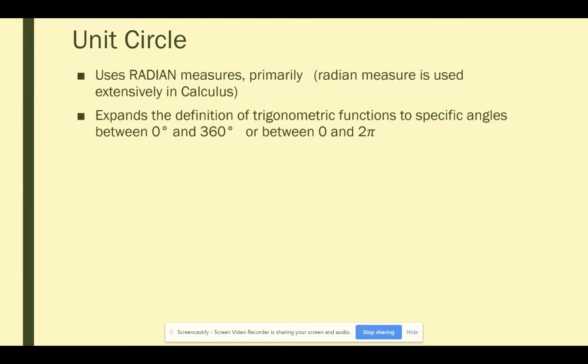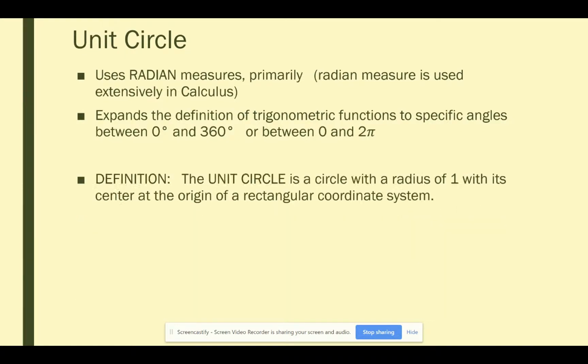One of the benefits of the unit circle is we can expand our definition of the trigonometric functions to specific angles that are between 0 degrees and 360 degrees, which is a full revolution around a circle, or between 0 and 2 pi, if you think about it in terms of radians.